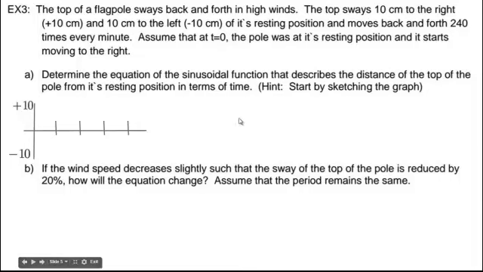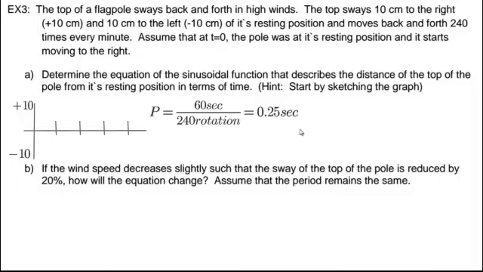And so to do that, we actually have to look how fast it's going. We just want to find out how long does it take to go to 10 to 0 to negative 10 to 0 again. And it's going to happen in 0.25 seconds. So it'll be 4 times a second. In 1 second it happens 4 times.